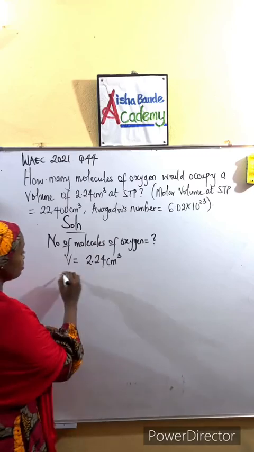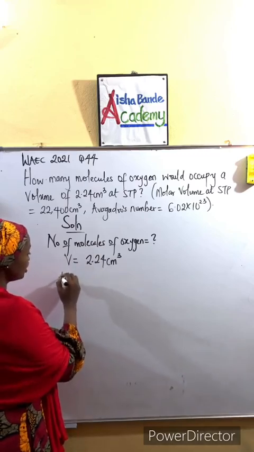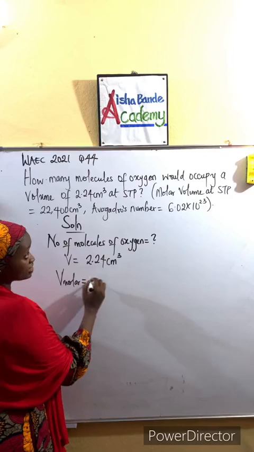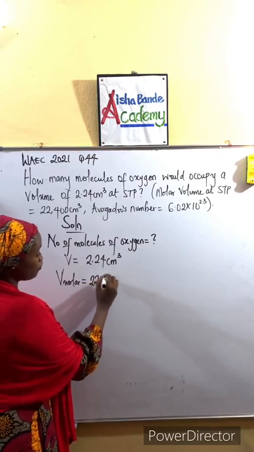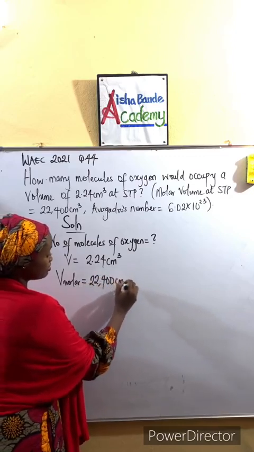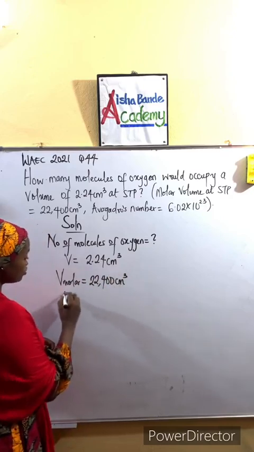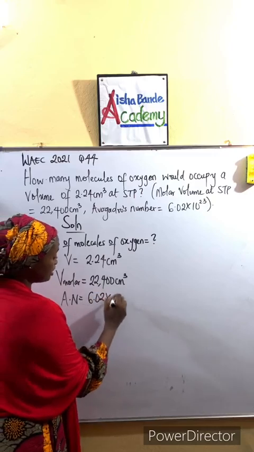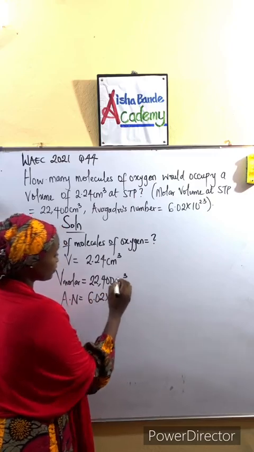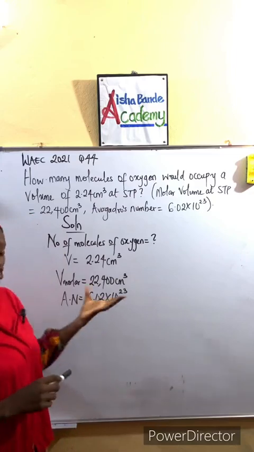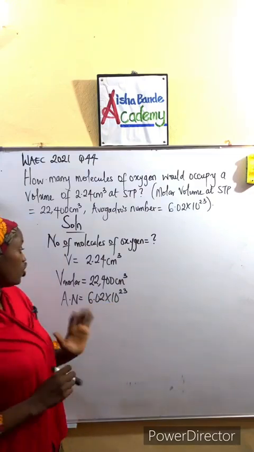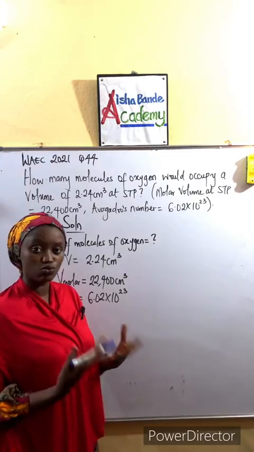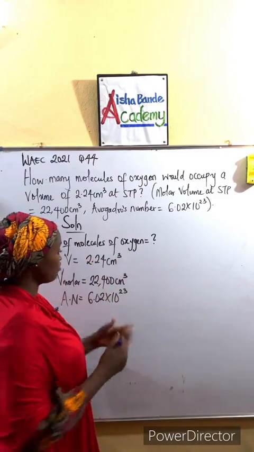So we have been given a molar volume. Let's call this the molar volume as 22,400 centimeter cube, and Avogadro's number has been given as 6.02 times 10 to the power of 23. So for us to begin solving this question, all we need to do first is to find the mole of what we have here.